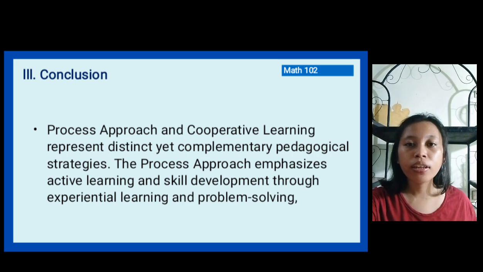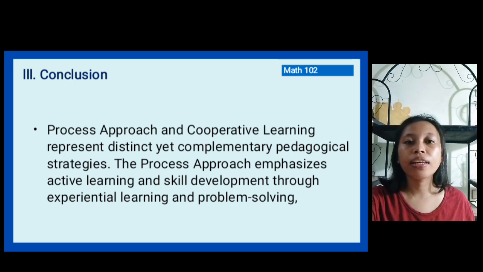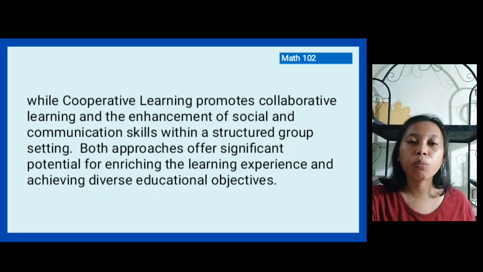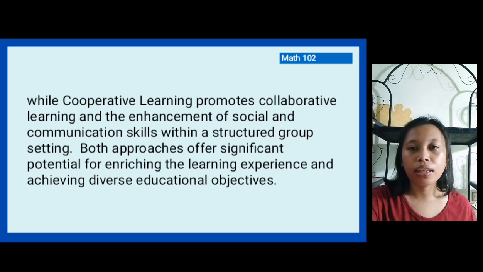In conclusion, process approach and cooperative learning represent distinct yet complementary pedagogical strategies. The process approach emphasizes active learning and skill development through experiential learning and problem solving, while cooperative learning promotes collaborative learning and the enhancement of social and communication skills within a structured group setting.